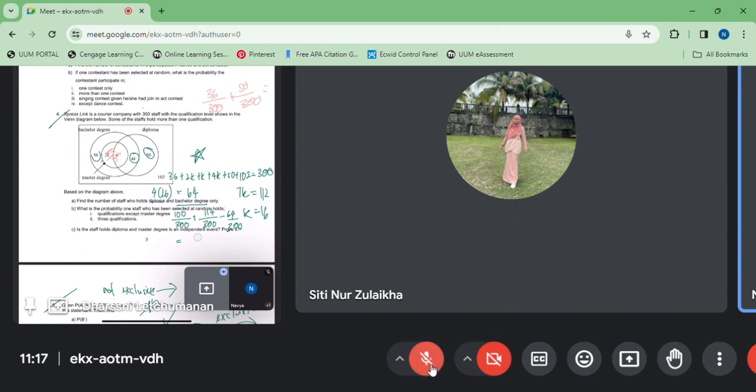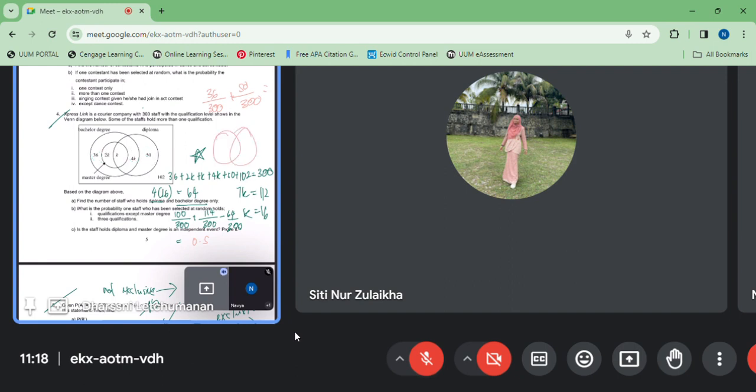But just say if you want to do the asking like this, it will become like this. This one is 64, this is 50, this is 36. If we just do it like this, can you answer? 86.